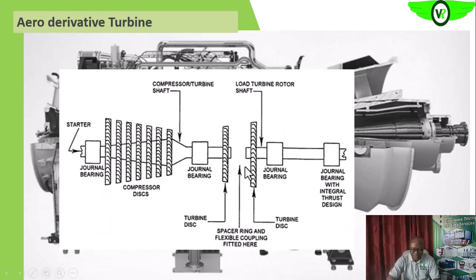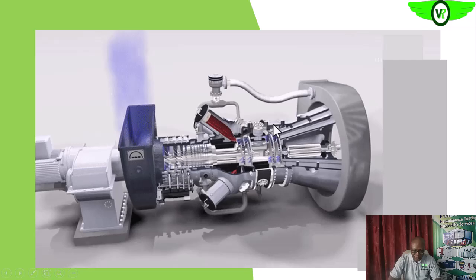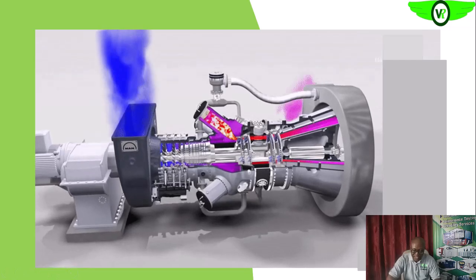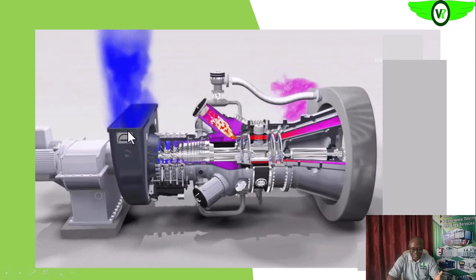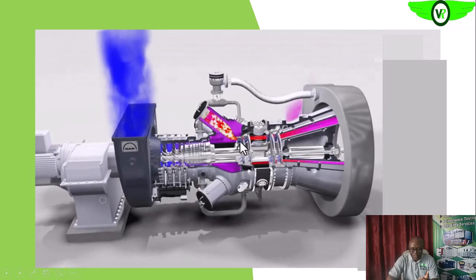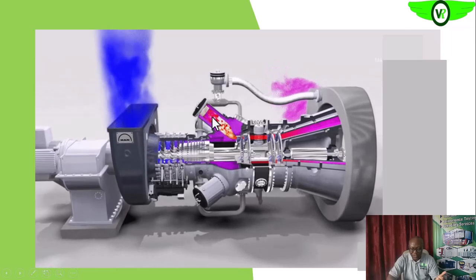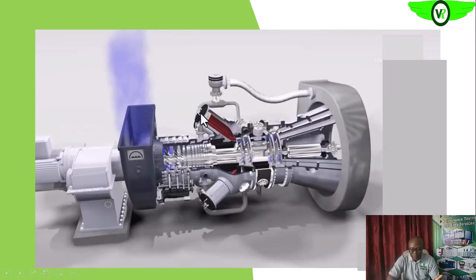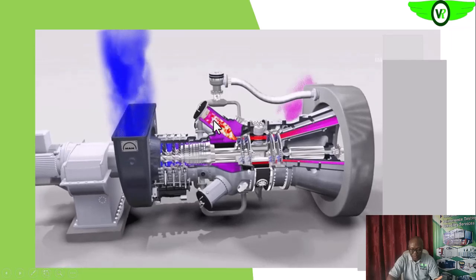This is the turbine section. They are not having any mechanical connection, but aerodynamically they are coupled, because as the hot gas is moving through, it's turning this and it's also turning this. So the air is taken into the intake plenum, compressed in the compressor, sent into the combustor, and combustion takes place.